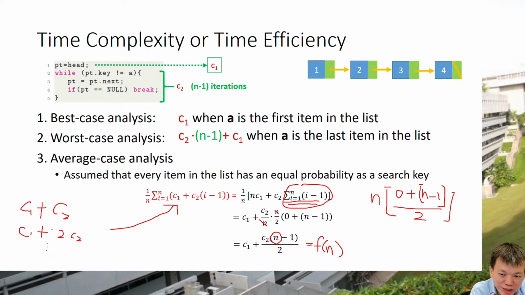If you're not too sure, you can expand it out to figure out that it is the arithmetic series. Some people memorize the formula, some people can derive the formula on the spot. You have to find out the general summation. Then you will find out that it is a linear function in the end.